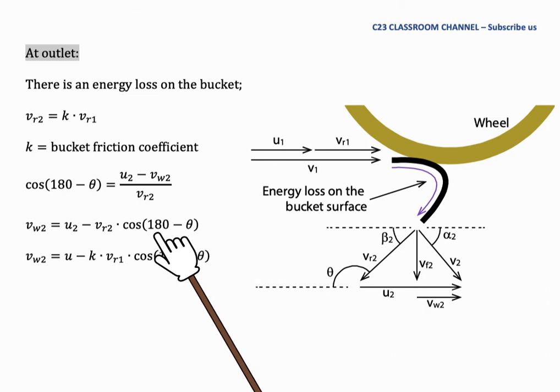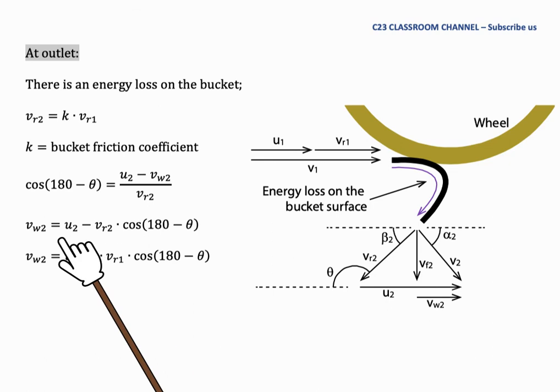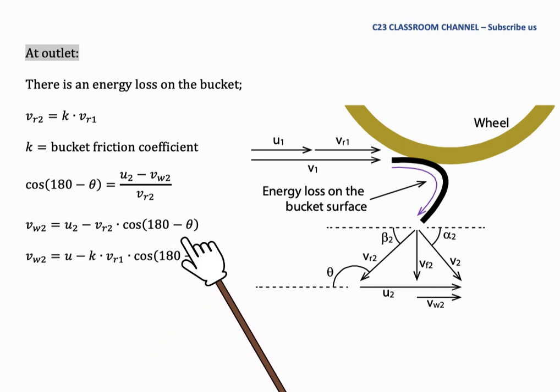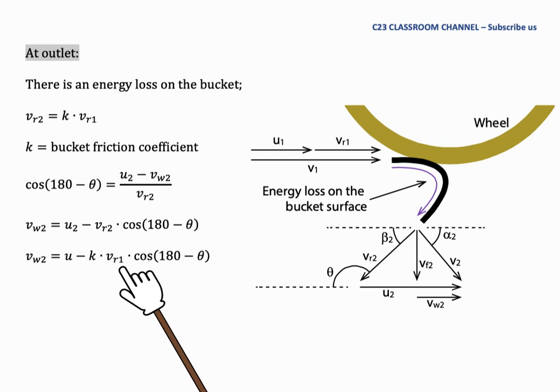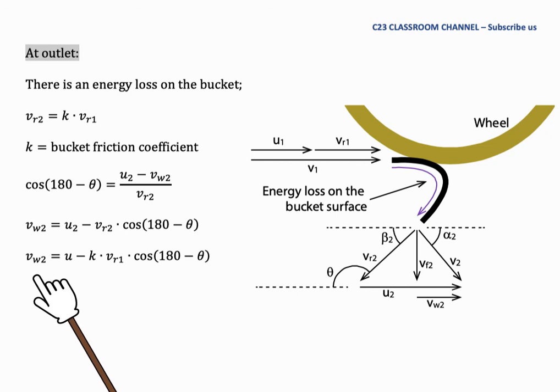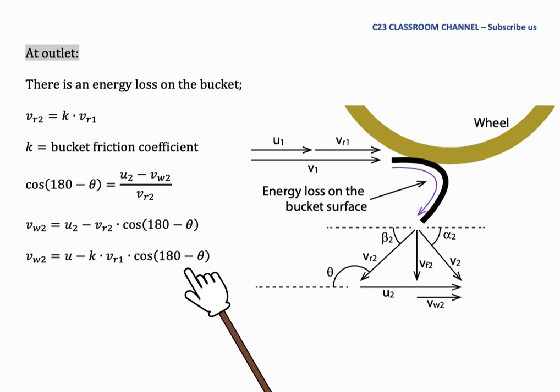Then we could rearrange this equation to become VW2 equals U2 minus VR2 cos(180 minus theta). And then we could substitute the value of VR2 with this equation, and finally we could say VW2 is equal to U minus K VR1 cos(180 minus theta).